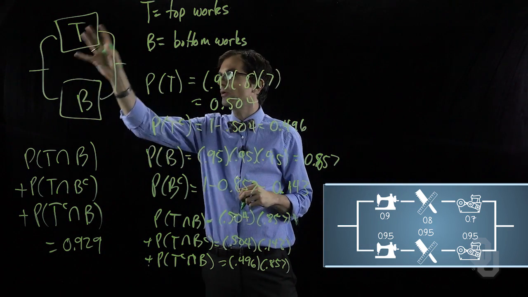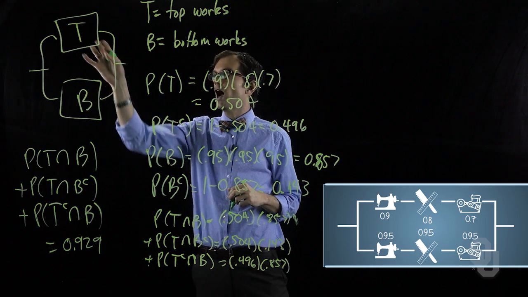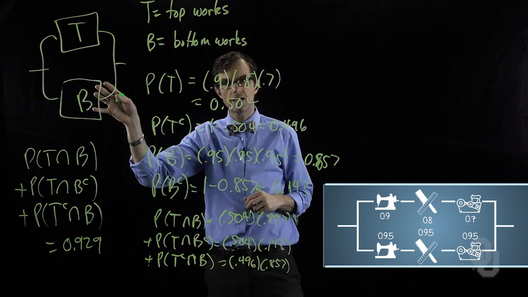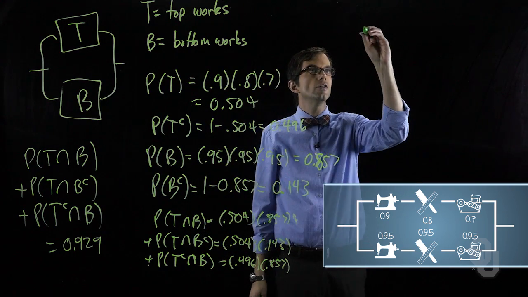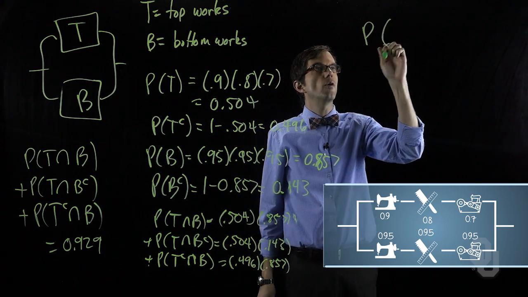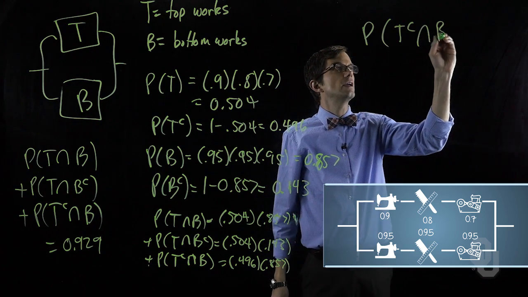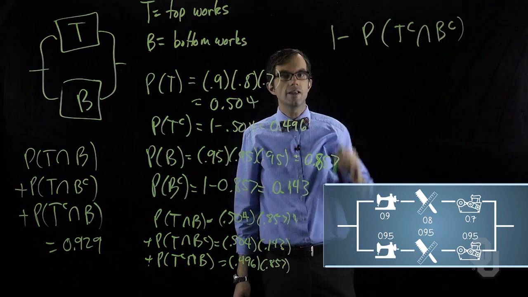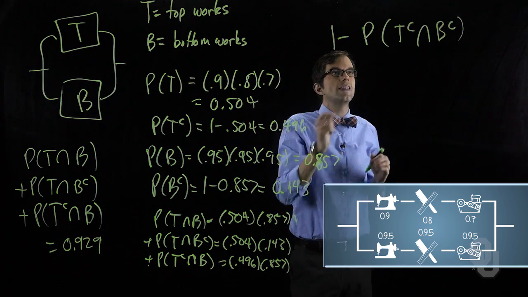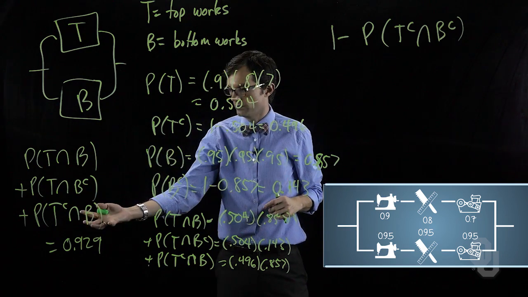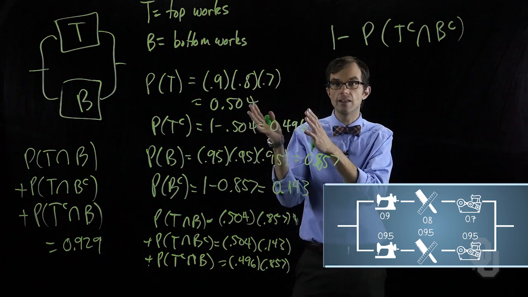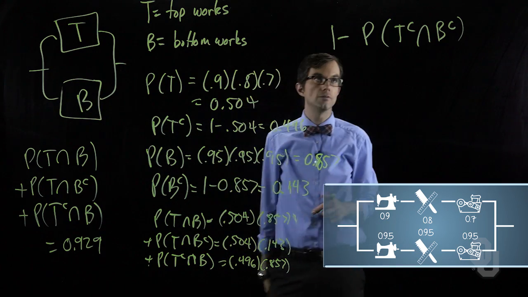If we calculate the probability that both of these options don't work, and take the complement of that, that gives the probability that it does work. So if we find the probability of T complement and B complement, and take one minus that probability, that would give us the probability that we can get through from one side to the other.